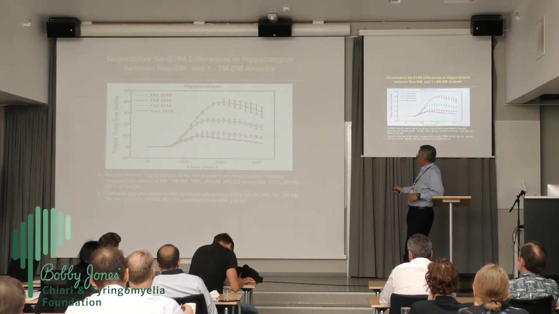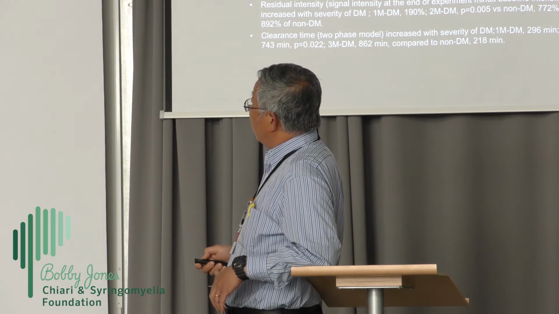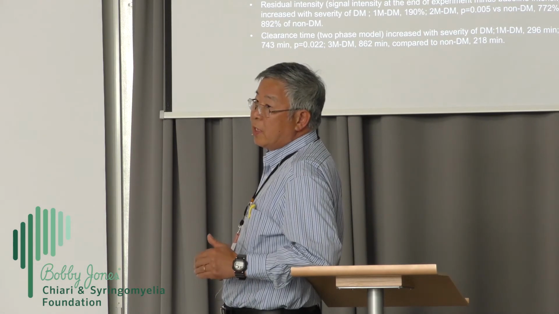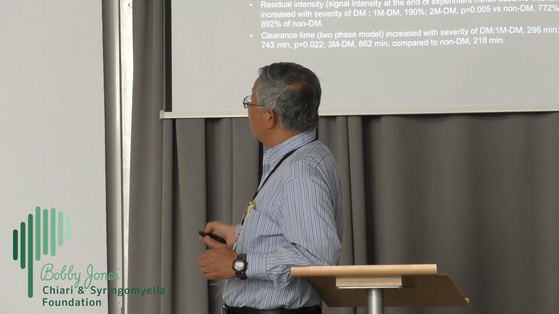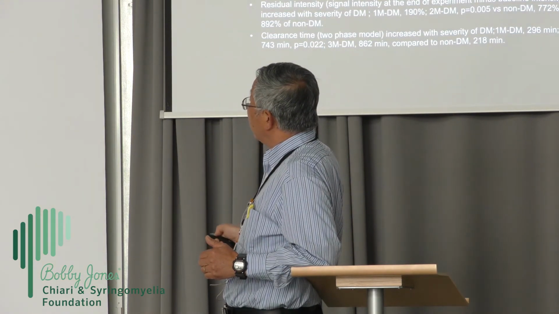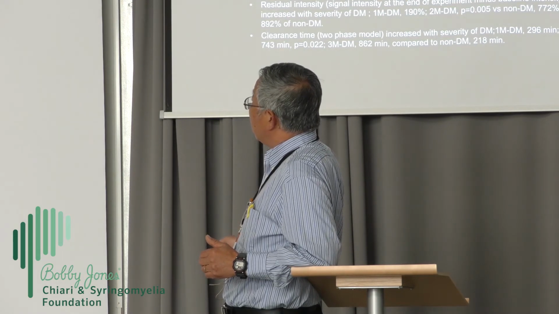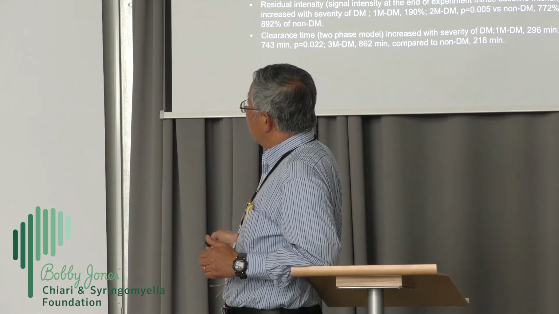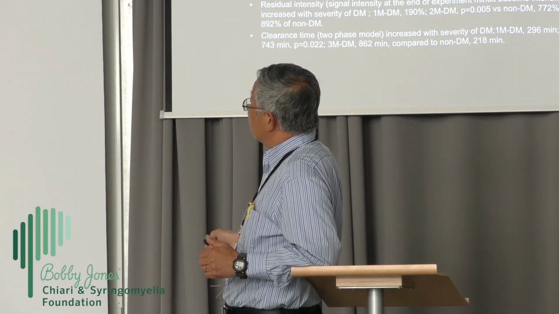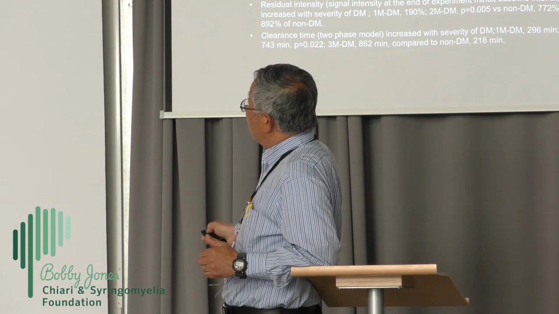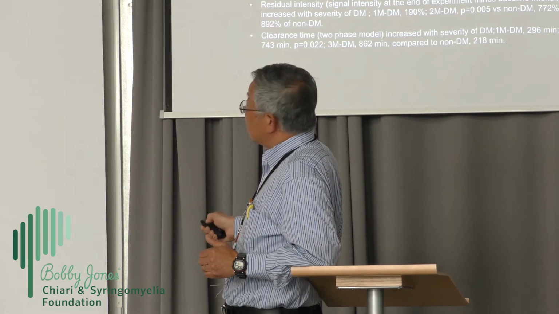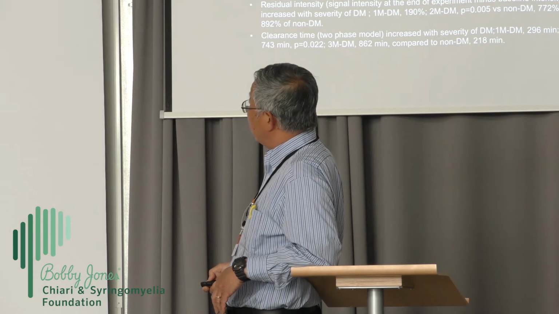From this profile, we get two sensitive parameters to differentiate the groups. One is called the residual intensity, meaning the end of the experiment at 6 hours minus the pre-scan. This is a pretty sensitive parameter.